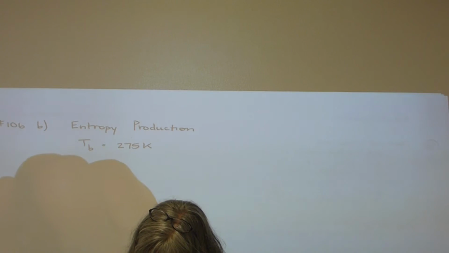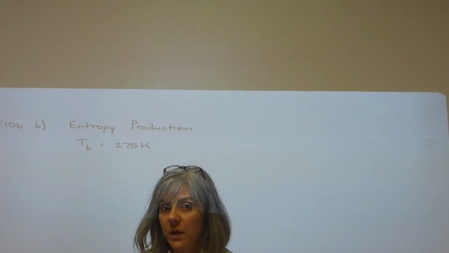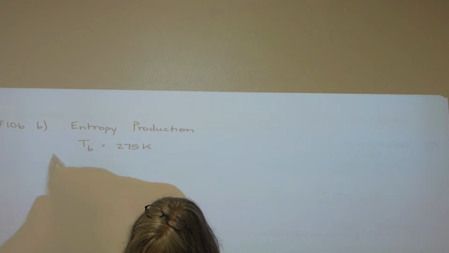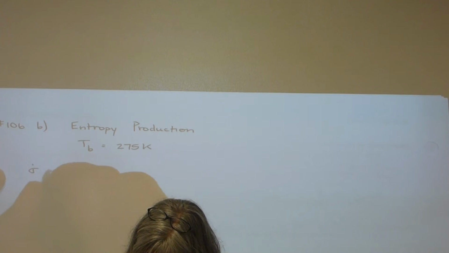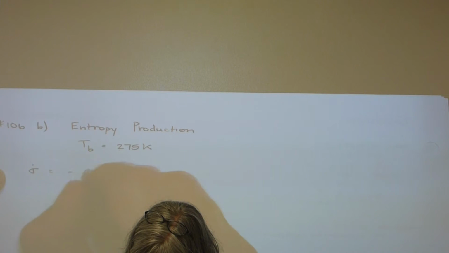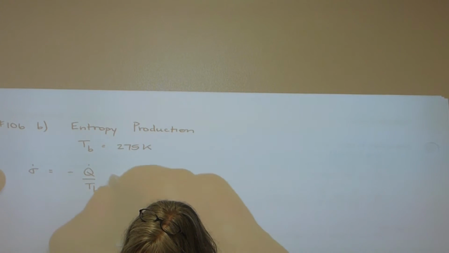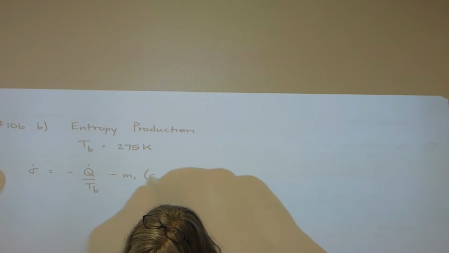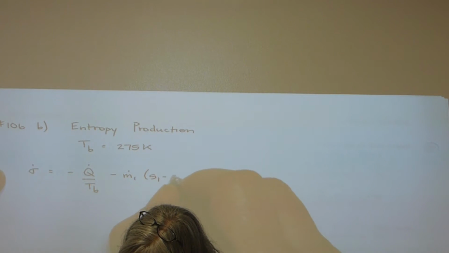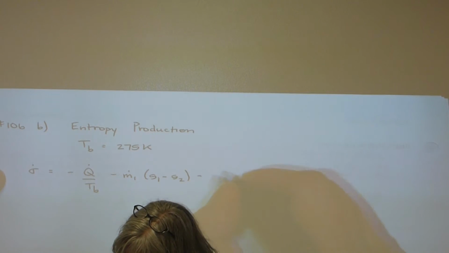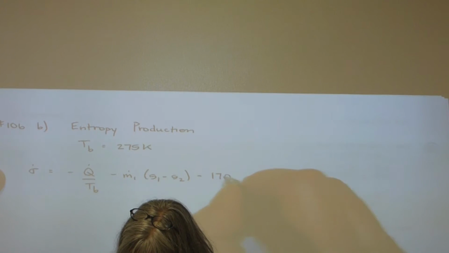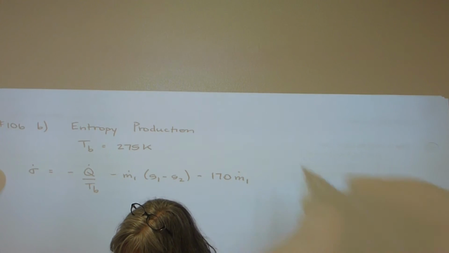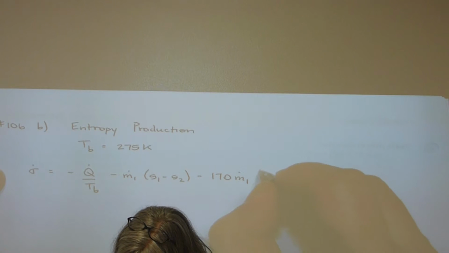Okay, so we have our energy rate balance, our entropy rate balance. I've already solved it for the entropy production itself. And I'm going to go ahead and drop in for M3 dot, M1 dot times 170.